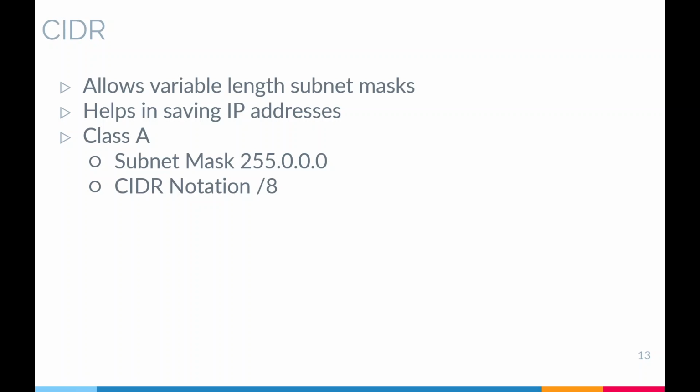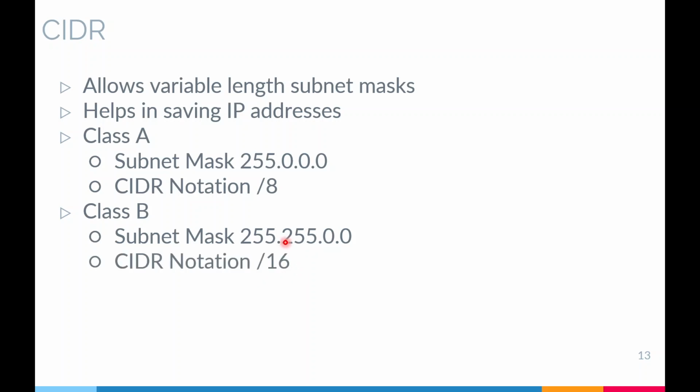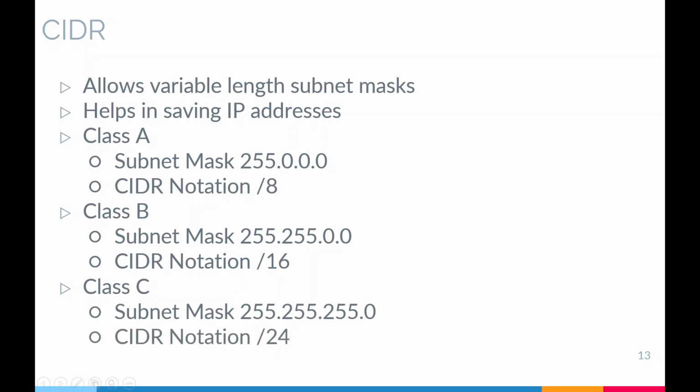Similarly, for class B, the CIDR notation would be /16 because it will have 16 binary ones starting from the left hand side. For class C, you can guess it, it will be /24 because it will have the first 24 bits as the network portion, and it will be a total of 24 bits, right?